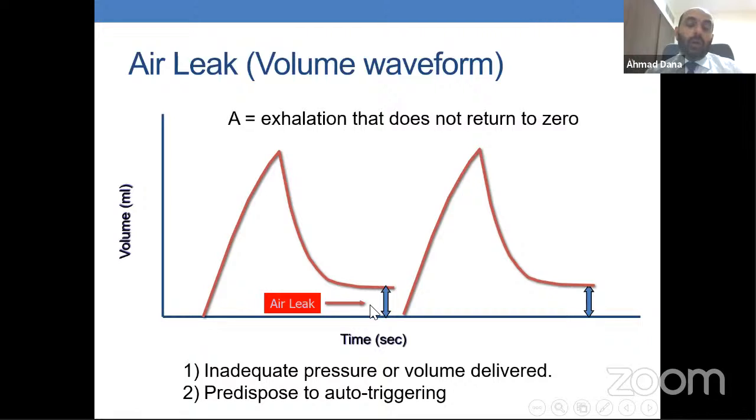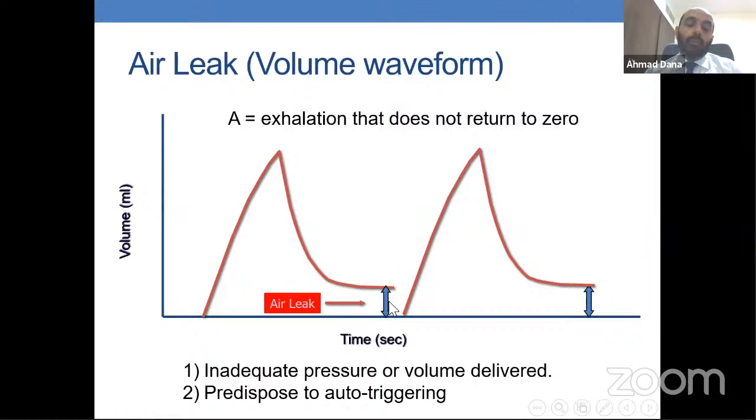It can cause a problem if you put the baby on volume guarantee to control the volume, because you cannot deliver it properly. If there's too much leak, you can't put the baby on volume guarantee.